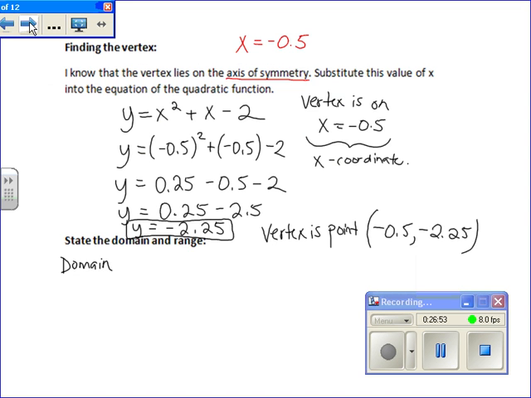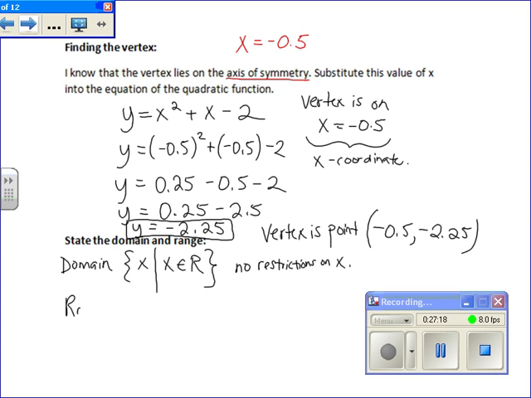So there's no restrictions on my domain. If I use set notation, I can say x is simply all real numbers. x is a member of the real numbers. So there's no restrictions on x. That's always true for a quadratic function.